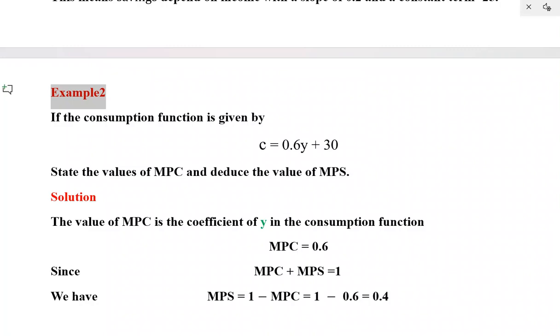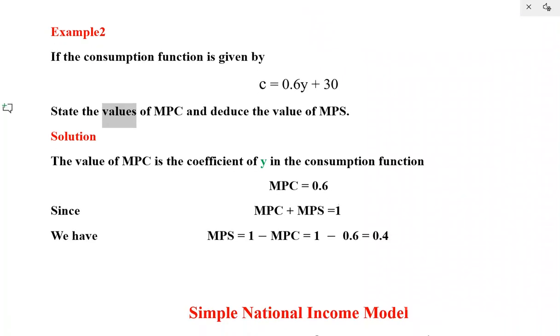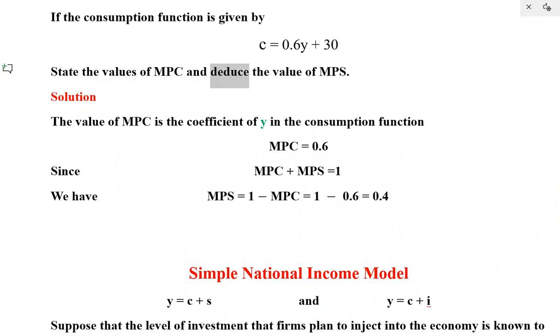Example 2. If the consumption function is given by C equals 0.6y plus 30, state the values of MPC and deduce the value of MPS. Solution. The value of MPC is the coefficient of y in the consumption function.